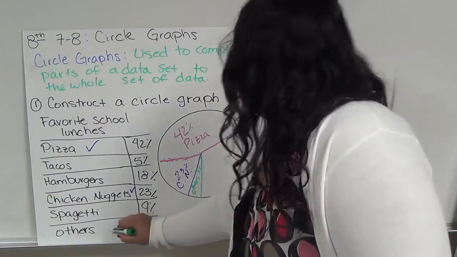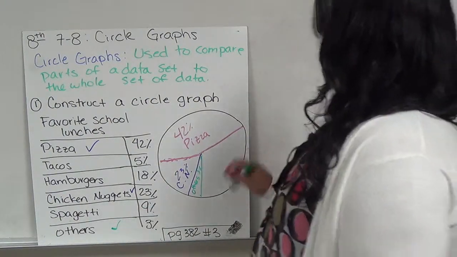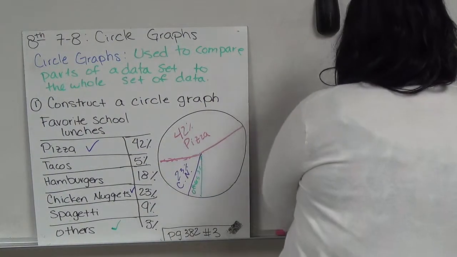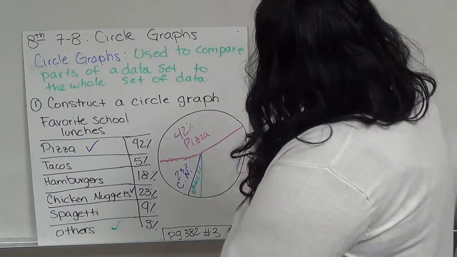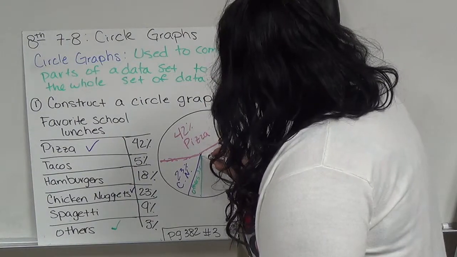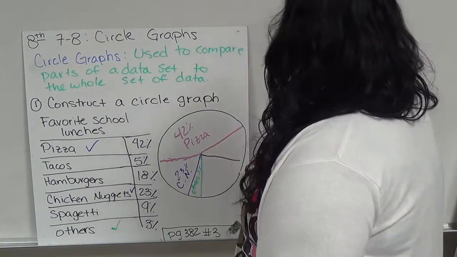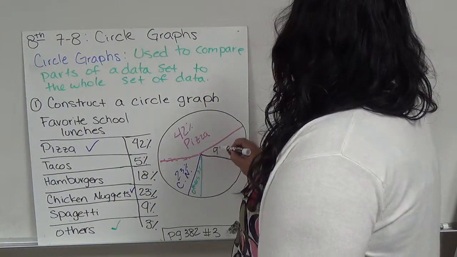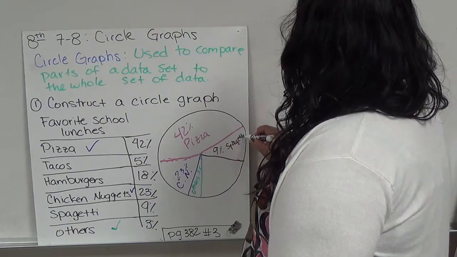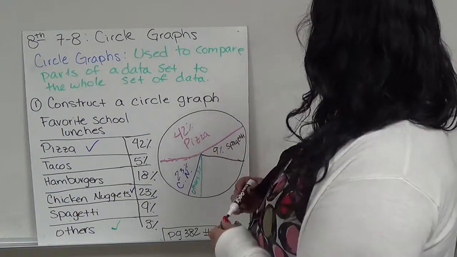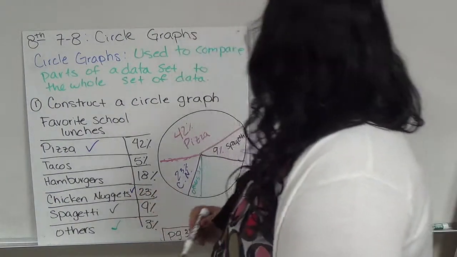Okay? Spaghetti would be 9%. If this represents 40 and this is 50, and this would be 8, so that means this would probably be 9%. This is spaghetti. You might want to do it in pencil first in case, you know, it's not where you thought.